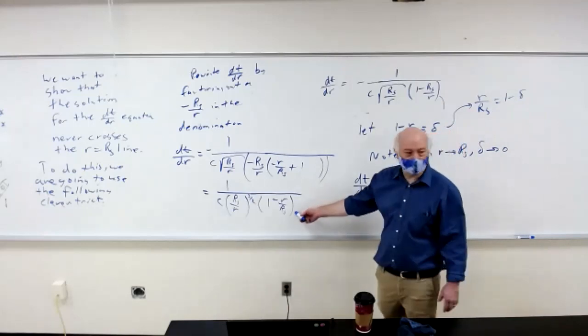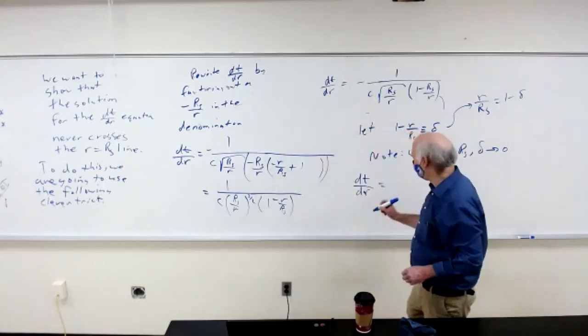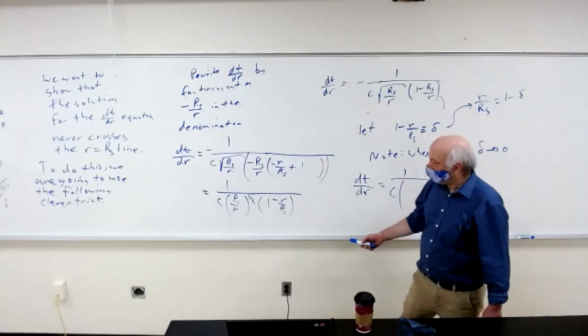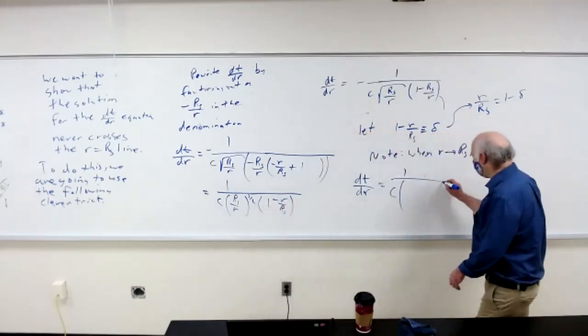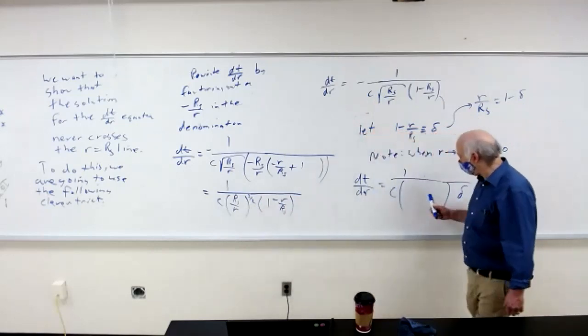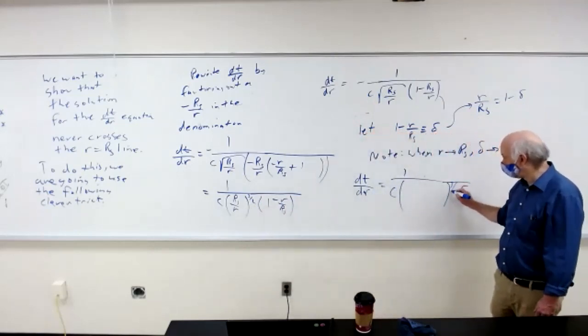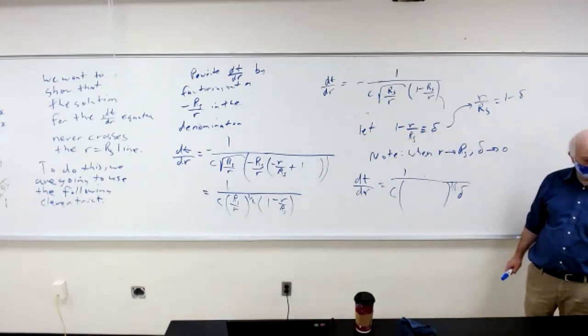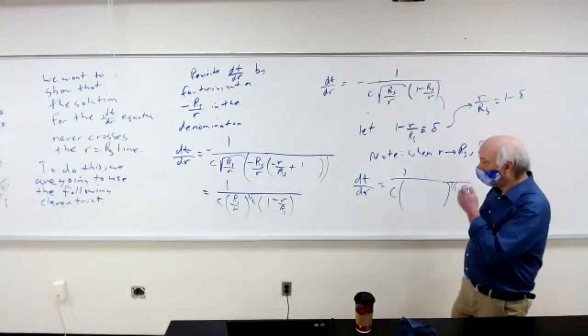I looked at the wrong equation. I'm right. Woohoo. Okay, 1 over C. This term over here is just delta. What does this term over here become? 1 minus delta to the 3 halves.